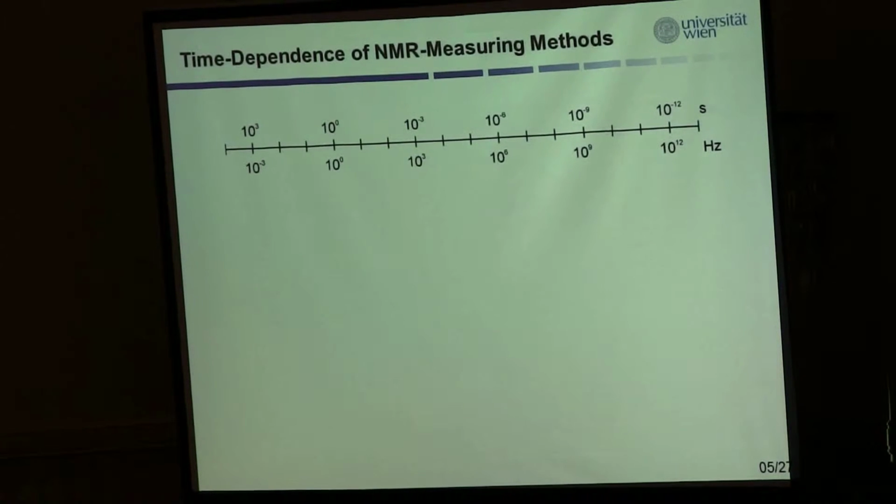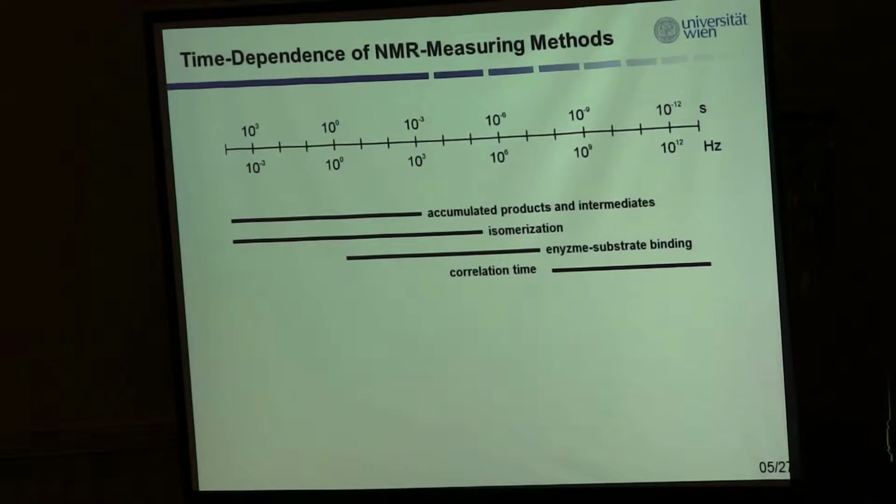Taking a brief look at it, I have here a time scale from 10 to the 4th, 10 to the 5th seconds on the left-hand side and down to pico or femtoseconds on the right-hand side. And here we have the lifetime of different species of accumulated products, of isomerization products, of complexes formed during the reaction, and even of shorter events during the correlation time.